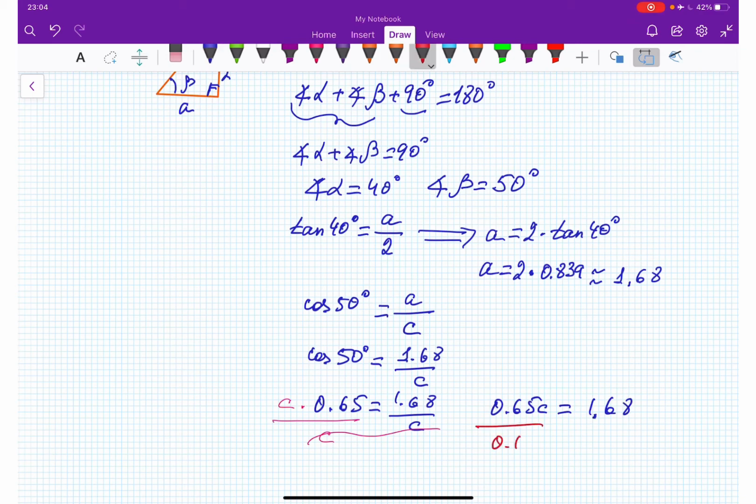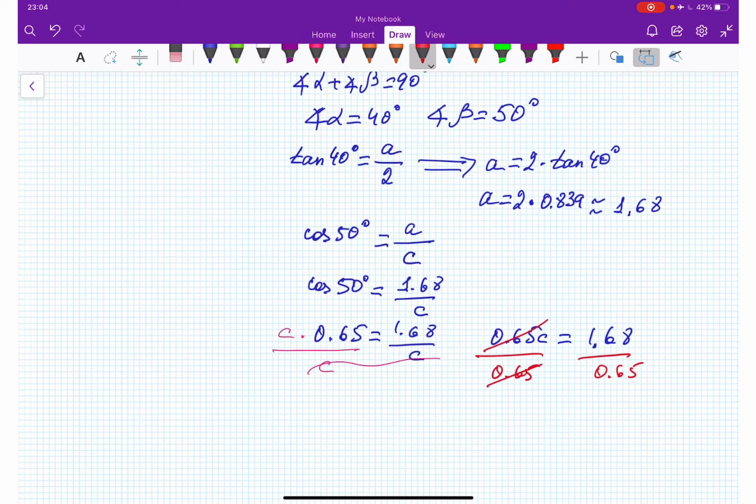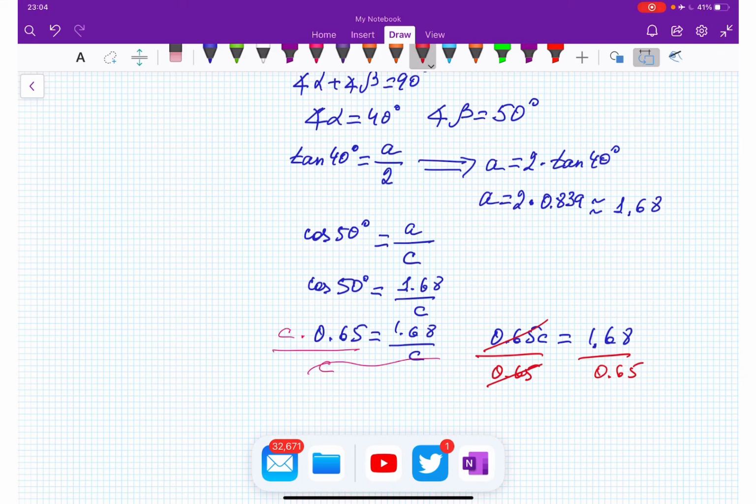Dividing by 0.65, this is gone. C is equal to 1.68 divided by 0.65, and I'm getting 2.58, not precisely. It should be 2.61. Oops, what was that? It should be approximately 2.61, but I got 2.58. You know why?